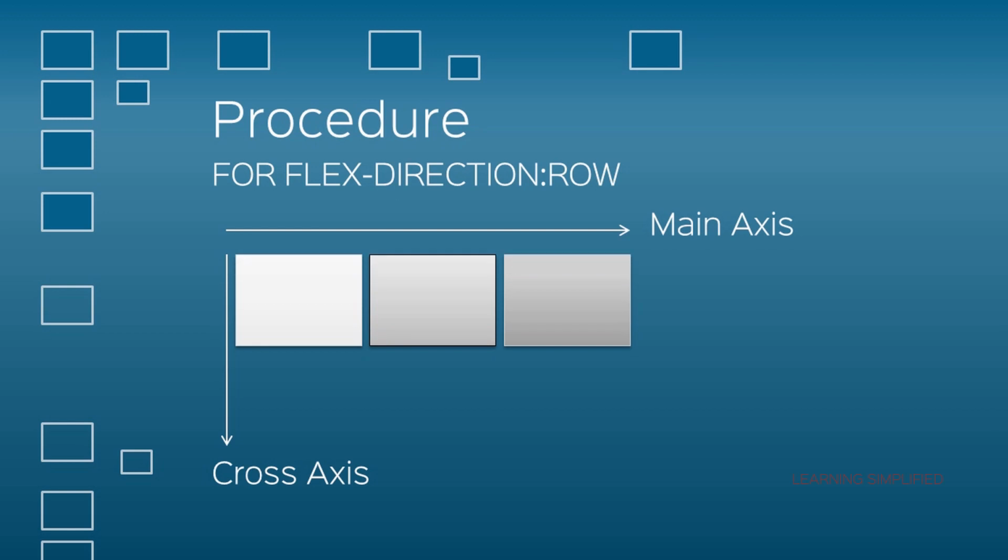And all those elements, as we have told earlier, tend to align themselves across the main axis. That is why in case of Flex Direction Row, all the Flexbox elements will be taking up a horizontal alignment.